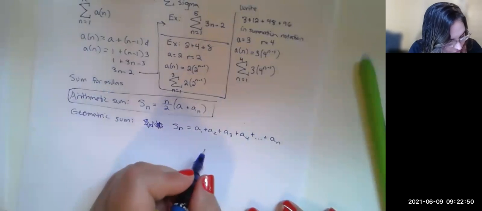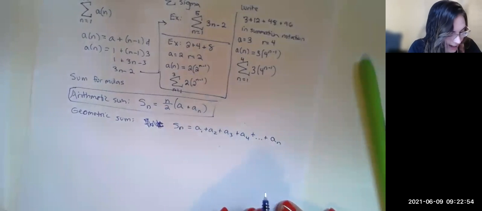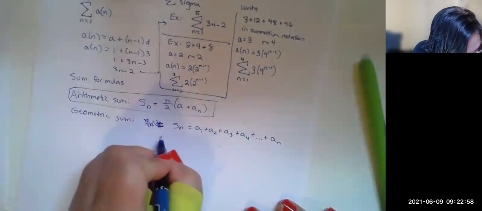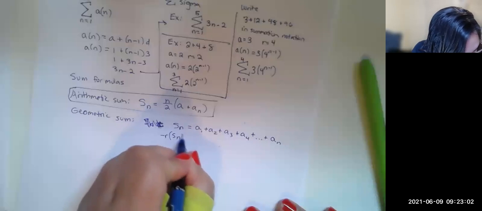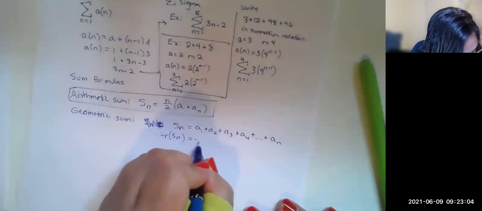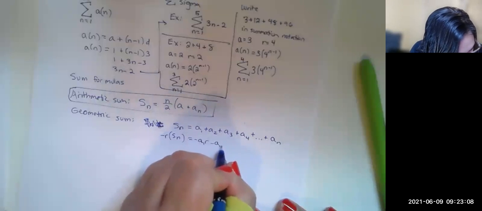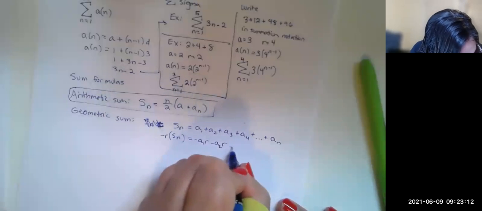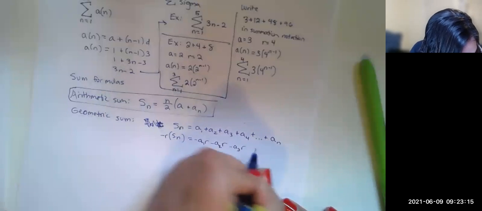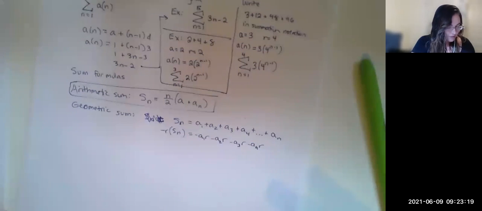What mathematicians figured they would do is multiply each term by negative r. So if we multiply everything by negative r, multiply both sides by r, this is negative a1 r minus a2 r minus a3 r minus a4 r and so on and so forth.